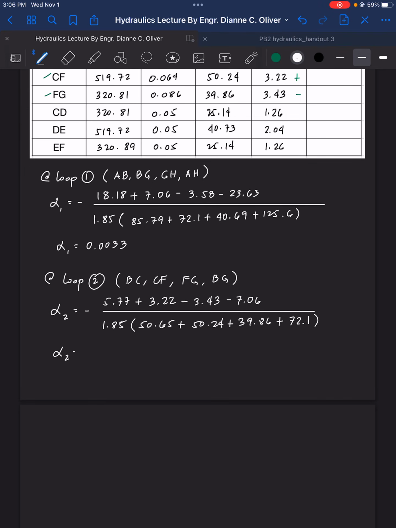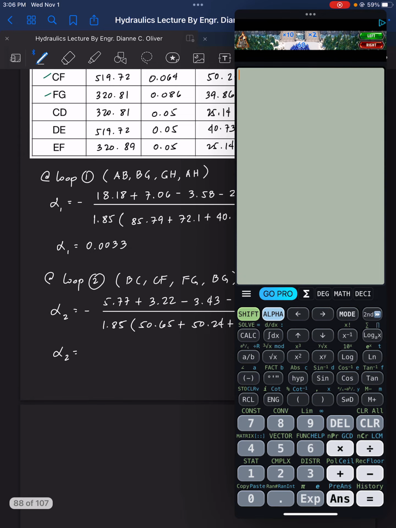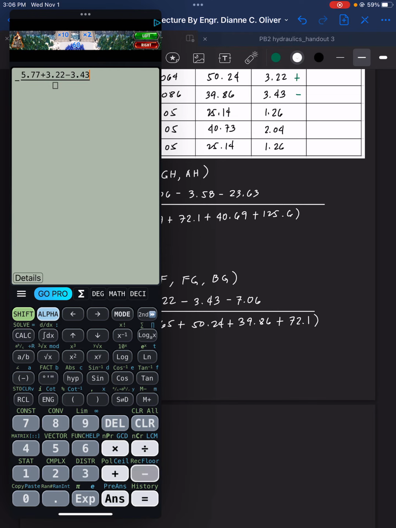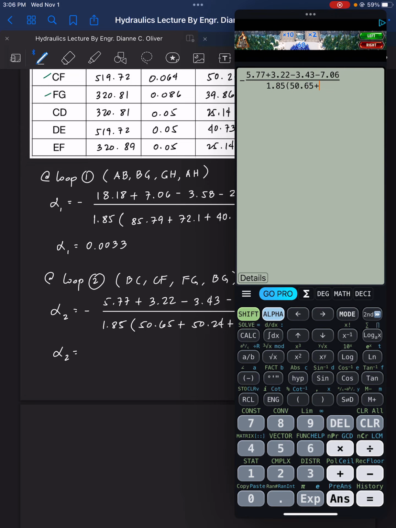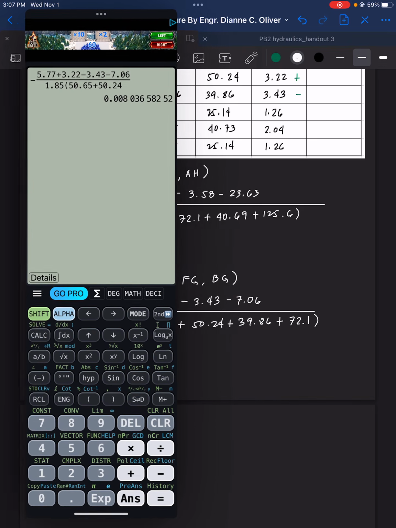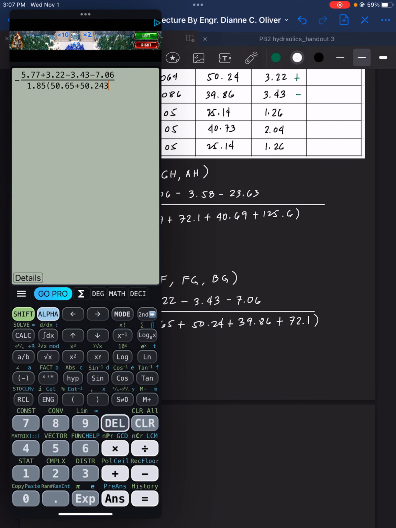So alpha 2, or correction number 2, is equal to 0.0038.